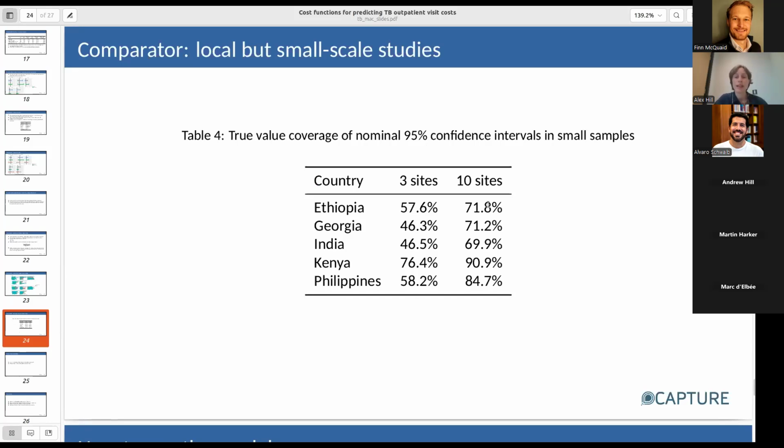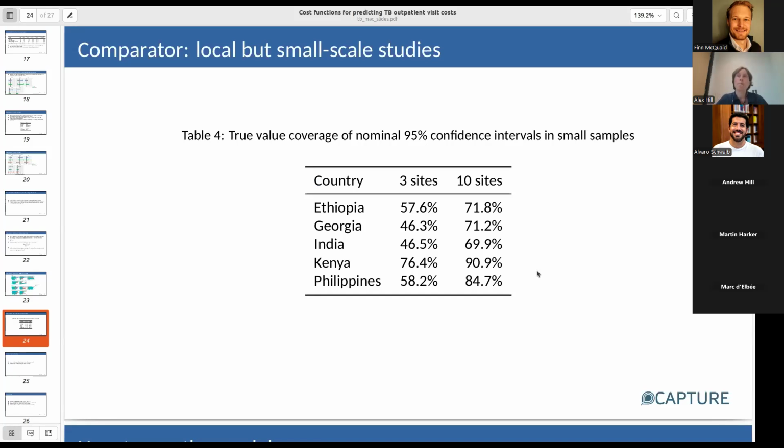And even when you're using 10 sites, okay, we get up to like 70% coverage, but that's still not great, right? So this is a real risk for decision making, because it's not just that your mean estimate might be off, but you can't even make precise how risky it is to use this estimate, because your uncertainty is totally miscalibrated as well.